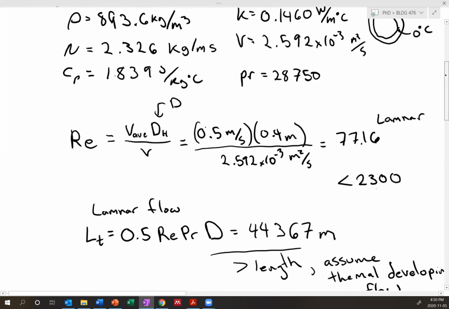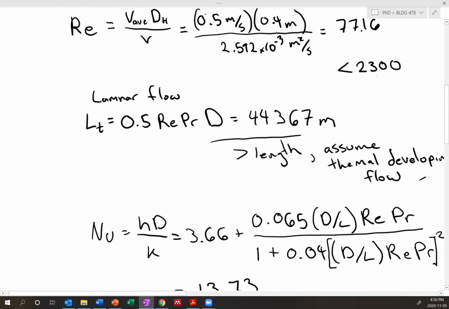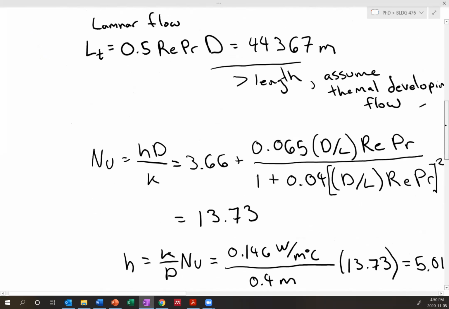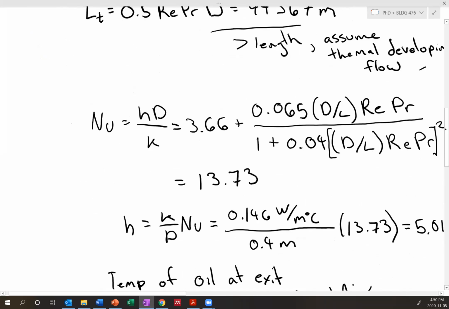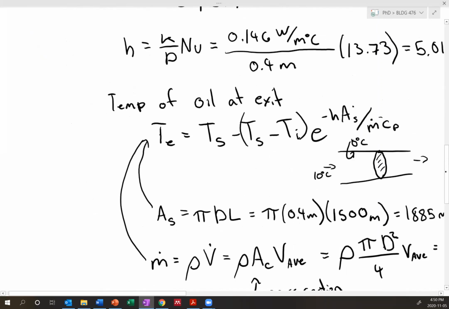But we found first that it was laminar. We found then that it was a developing flow. And using those two pieces of information, we're able to find which Nusselt number correlation we're using. Then we're able to find the temperature of the oil at the exit using this equation, which again is specific to when we have a fluid flowing through a pipe.